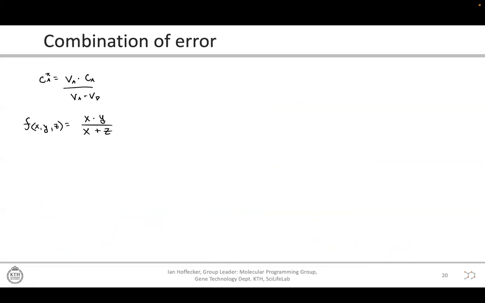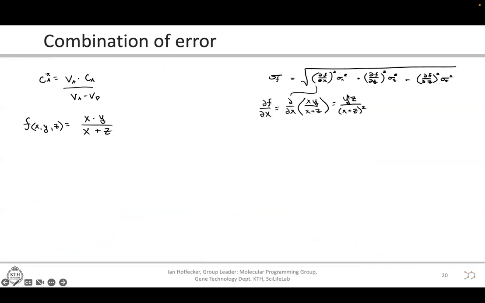So here our equation is going to be made up of these volume and concentration variables. For simplicity, we can just replace them with x, y, and z here. And then we apply our formula, right? We're going to take these partial derivatives and apply these squares.